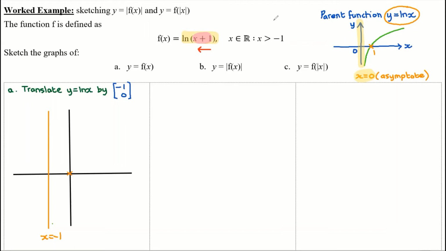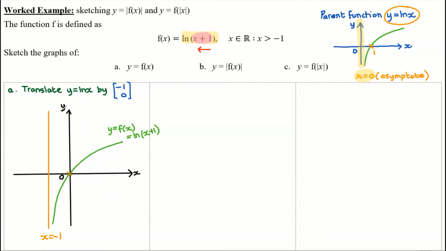It's going to go up like this, and it's going to increase gradually like that. All right, so this is the graph of f of x. So this is y is equal to f of x, which I might as well write on, which is equal to the natural log of x plus 1. Let's label the axes and everything else and do this properly. So x-axis there, the origin is here, and the y-axis is there.